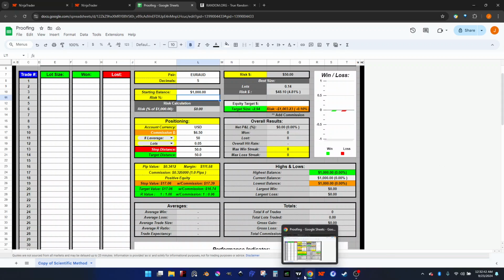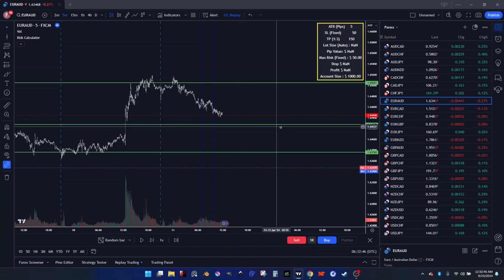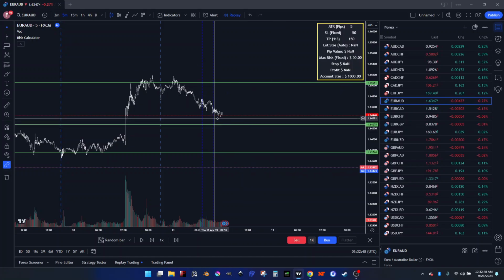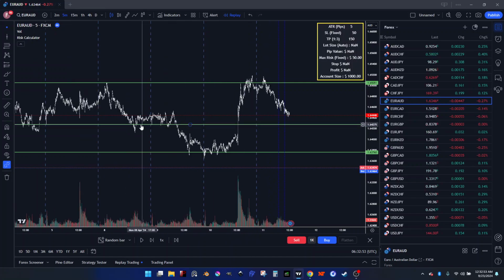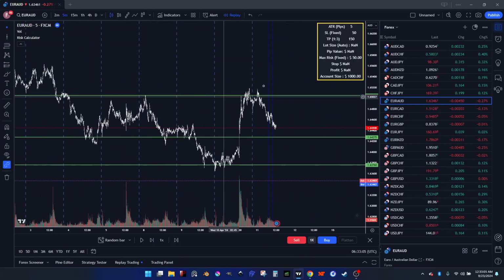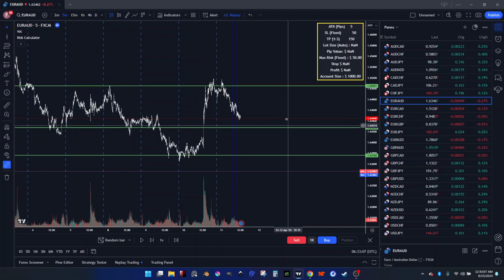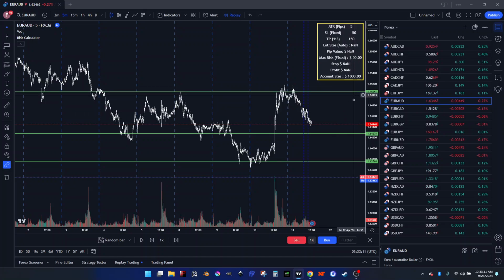So 0.14 will be our size for this trade, and I'm going to wait for price to come down to this level here, because it has bounced and rejected upwards multiple times. It's pretty consistent. We've had price reach past it a little bit here and there, and it just lines up overall cleanly.